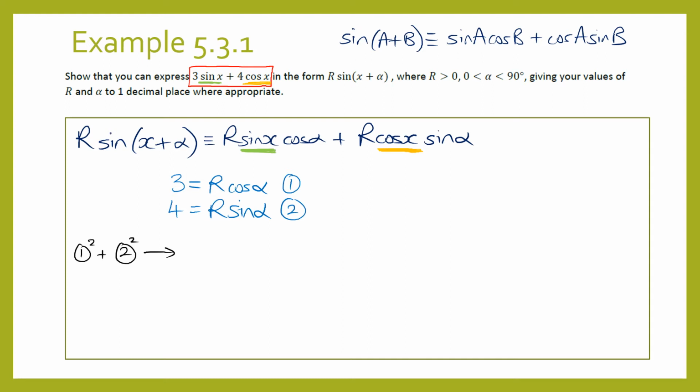Let's do the left-hand sides. So on the left-hand side, 3 squared plus 4 squared. I'm squaring each equation and then adding them together. So I've done the left-hand sides first. Let's do the right-hand sides now. Square the right-hand side and add them together.